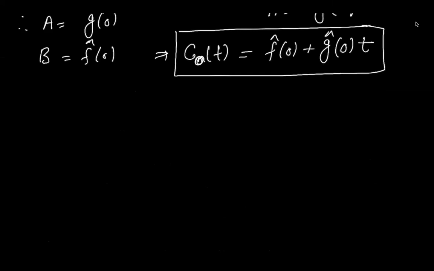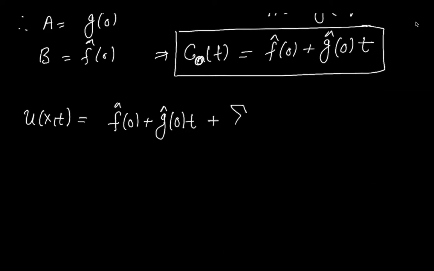So let's see what is the final solution. The solution is now this: u(x, t) equals the summation, where the first thing is the n equal to 0 term outside, so it's going to be f hat 0 plus g hat 0 times t, and then the rest of the solution is here, n varying from minus infinity to infinity when n is not equal to 0.